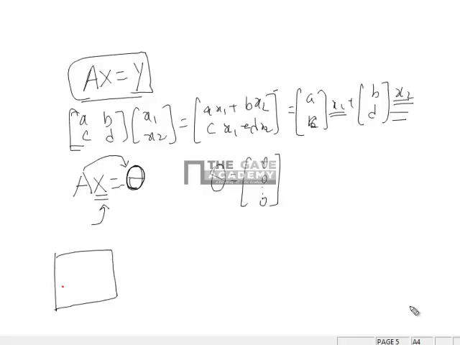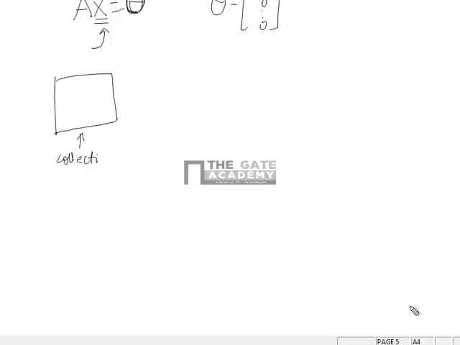So, for example, let me draw this. These are the collections of all possible inputs that can be applied to the system. This is the collection of all possible inputs to the system. Okay. Now, let me say that this collection, what I have shaded, is something special.